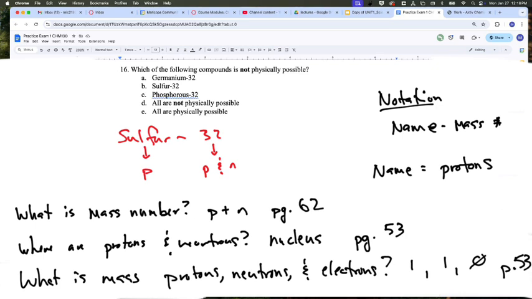Why? Because there is an exception to that. There's a huge glaring exception to the ratio of protons to neutrons. Anybody know which element? Hydrogen.